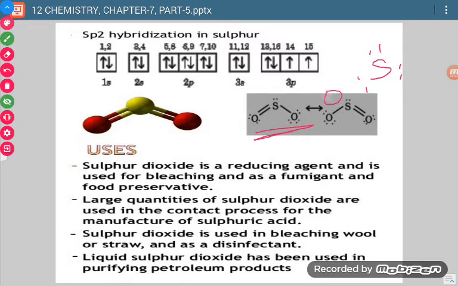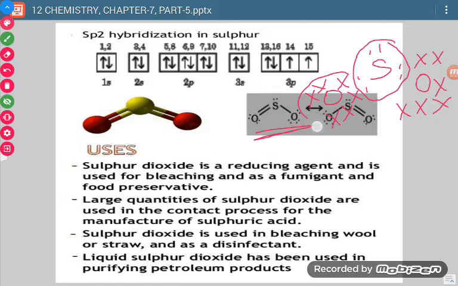This oxygen has its 6 electrons, and this other oxygen has its 6 electrons with itself only. So these 6 electrons are of sulfur, these 6 are of oxygen, and these 6 are of the other oxygen.